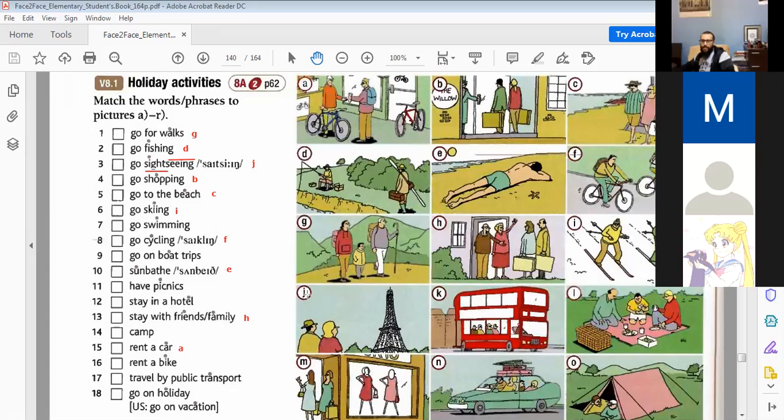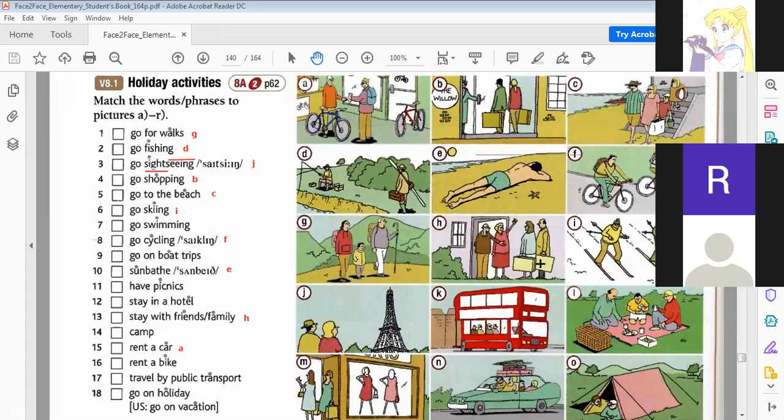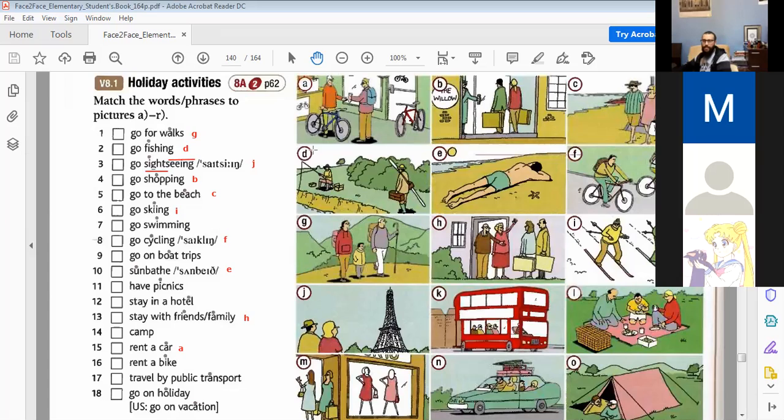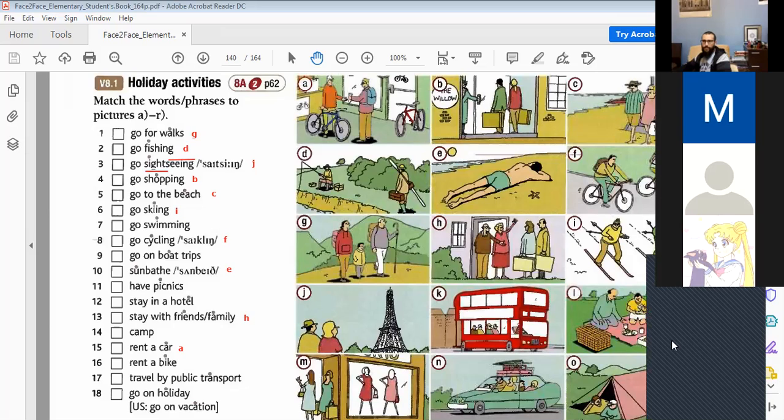Okay, Ranim, you asked what does it mean? Good question. Who can explain what does sightseeing mean in English? Why do people do it? Go to the famous places or touristic places, and see them. Learn about new famous places.